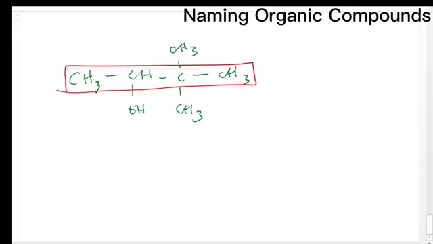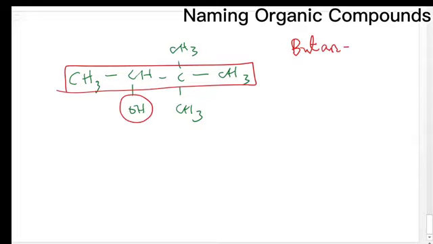I have 4 carbon atoms, so the parent name is but-, and because it has an OH group, it is an alkanol. I need to identify the position of the OH, so let's get the positioning.